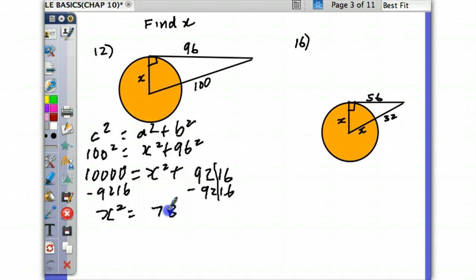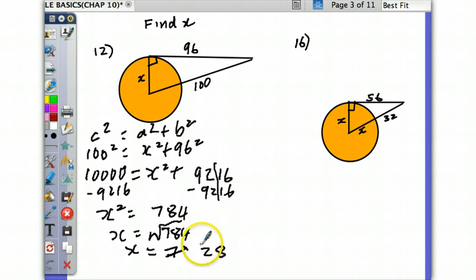Confirm there, 784. I need a square root on this. x is what? 28, exact. All right, confirm. Square root of 784, 28. All right. So that's pretty much it.